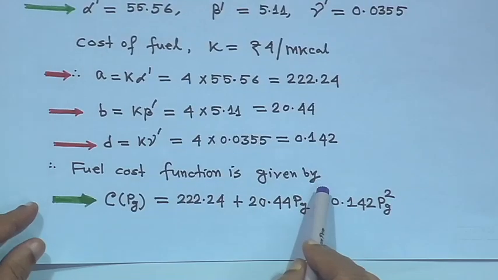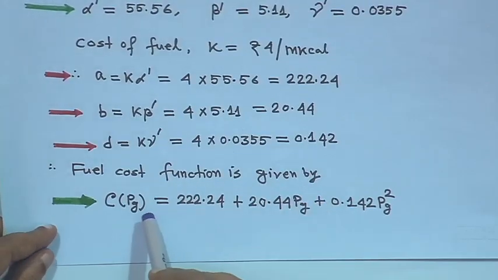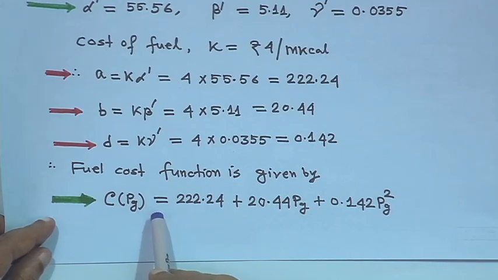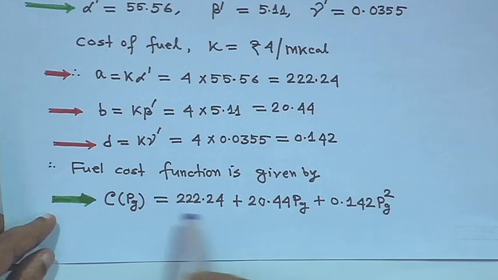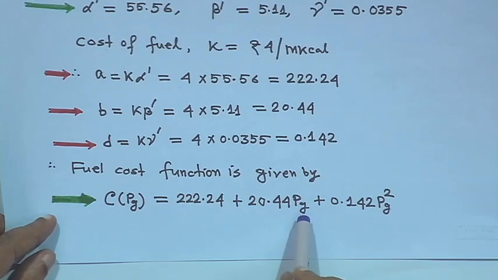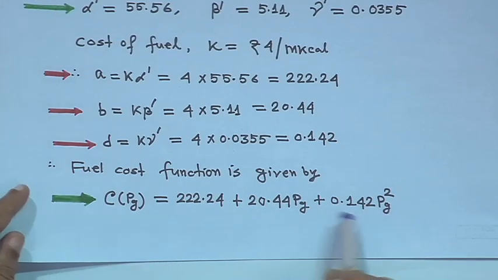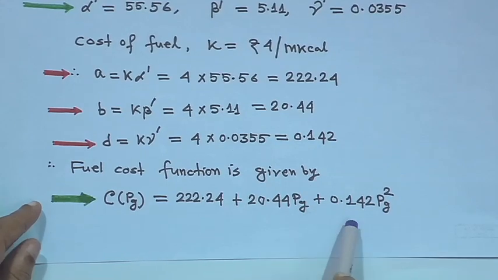So the fuel cost function is given by substituting in the expression A plus B Pg plus D Pg square. So it is 222.24 plus 20.44 Pg plus 0.142 Pg square. This is the function C(Pg) you have obtained, right.